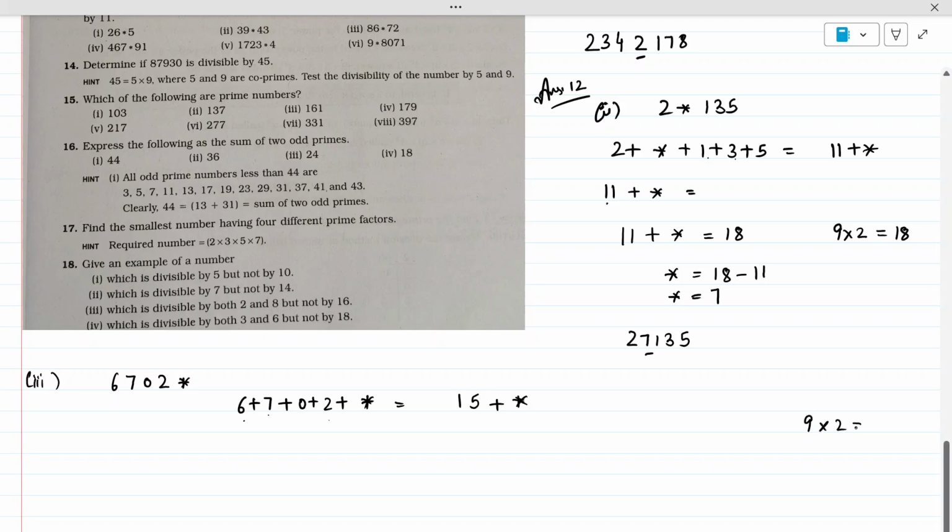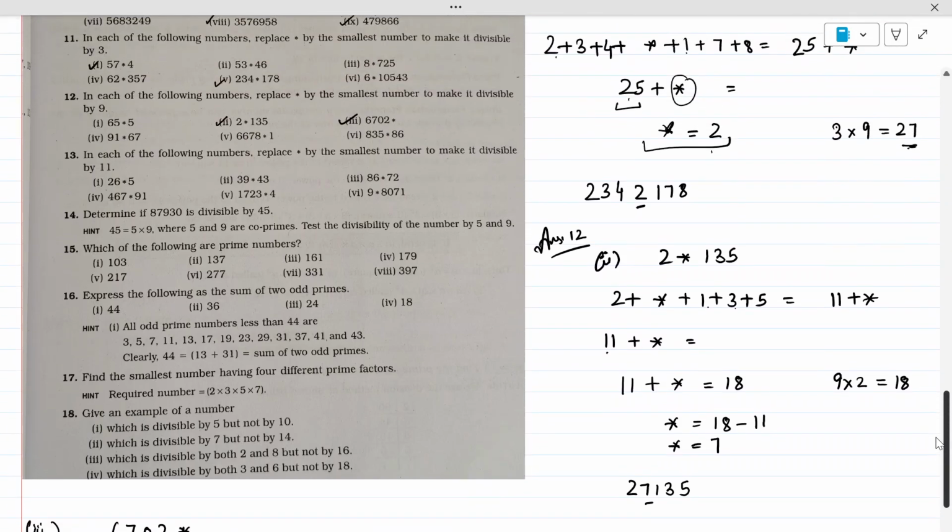Again, it is 18 only. And to make 15 into 18, we have to add 3 to it. So the value of star will be 3. Right? So the complete number is 6, 7, 0, 2 and 3. So this is how we have to do it here.